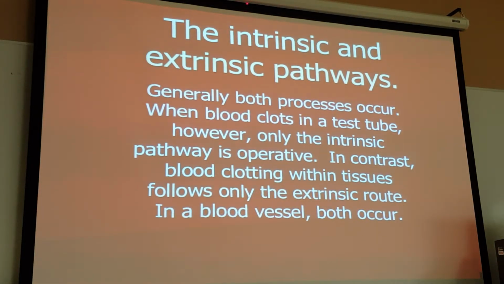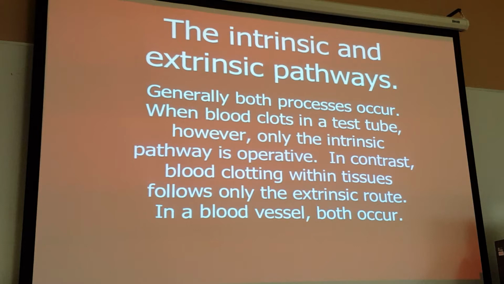You could take a tube of blood and sit it out in a test tube rack, and after a while, probably a couple, 3 hours, it will slowly solidify and form a clot. And to do that, it utilizes the so-called intrinsic pathway. Intrinsic means it can do it all by itself.